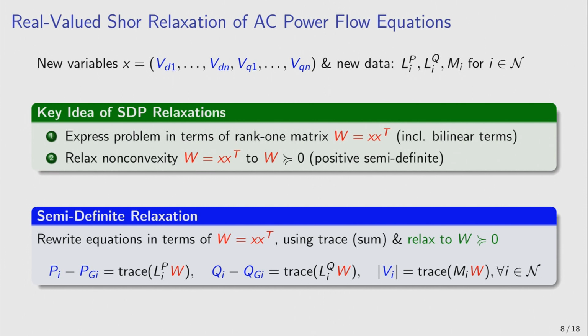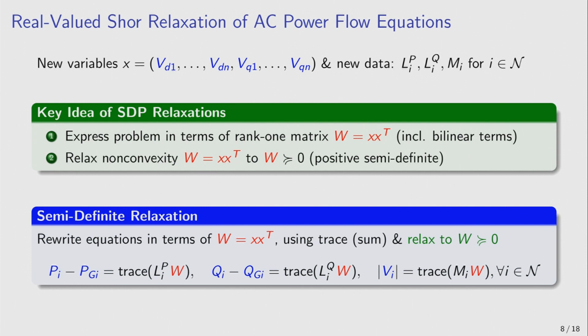So that you get a semi-definite relaxation by rewriting all my equations in terms of W, and then using the trace to sum up and then relax the one non-convex equation to this inequality.